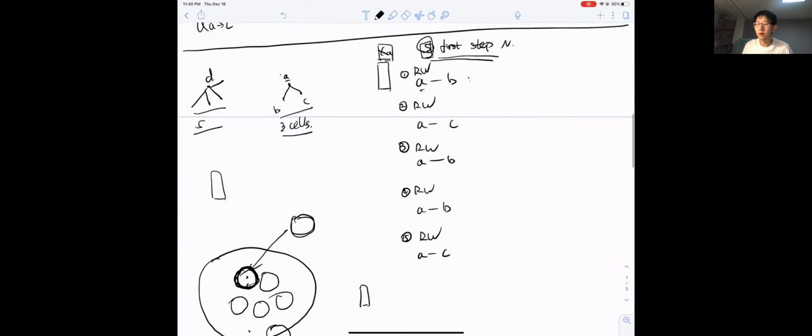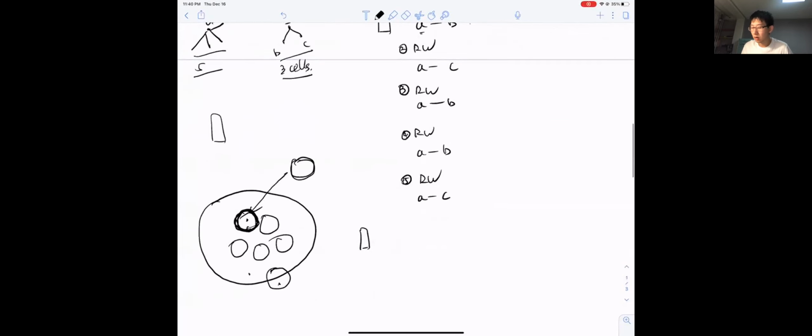procedure, for each cell you sample the same number of neighbors. So for A, we sample 3B and 2C. This is the new network we want to input into the model.